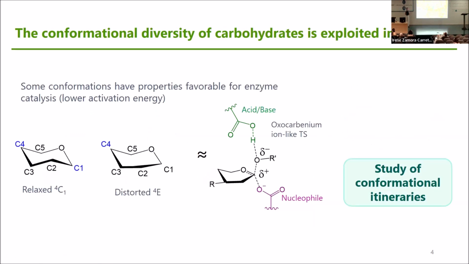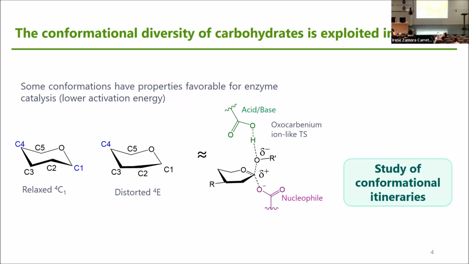On the other hand, conformational preferences of the substrates are a key aspect of enzyme catalysis by glycoside hydrolases. So we know that pyranose rings are really flexible entities that are able to adopt an array of different conformations with their atoms. Some of these conformations are better prepared for enzyme catalysis.